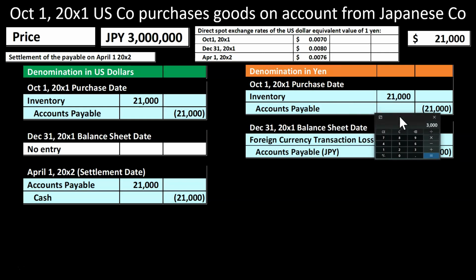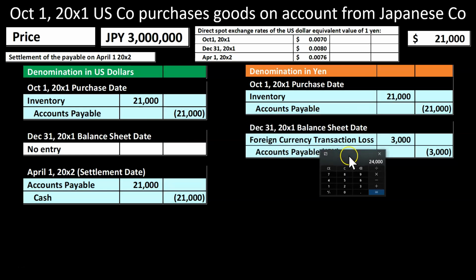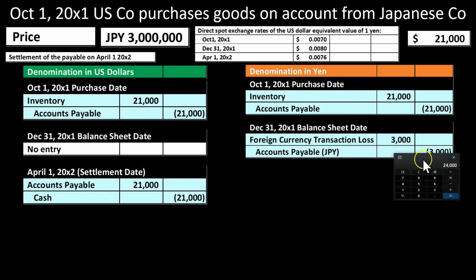So we're going to have to pay with something that has now gotten stronger relative to the dollar, which means that it's a loss to us. So we've got a foreign currency loss. This will go on the income statement, decreasing the net income. And then the accounts payable is going to be increasing. Basically, the accounts payable is going to be higher. Right now, it's at the 21,000, which was what we started at, plus the 3,000, which is going to be the 24,000.